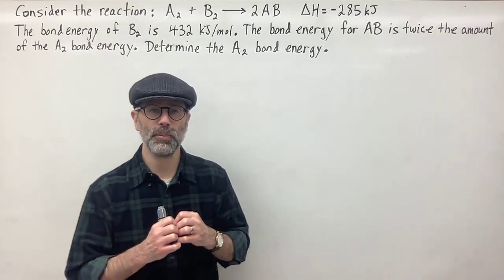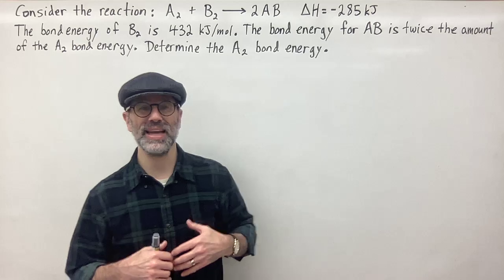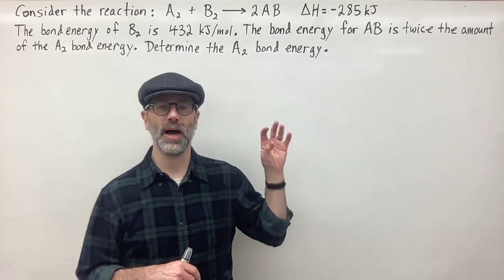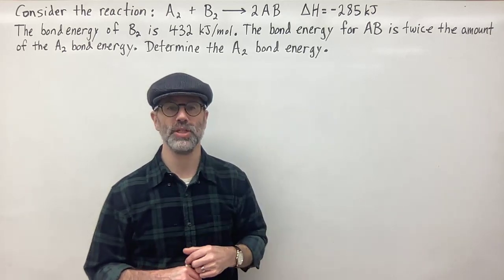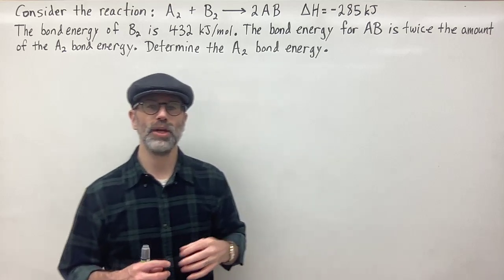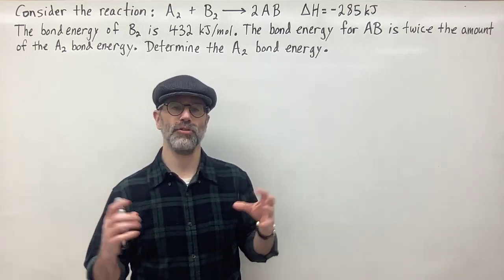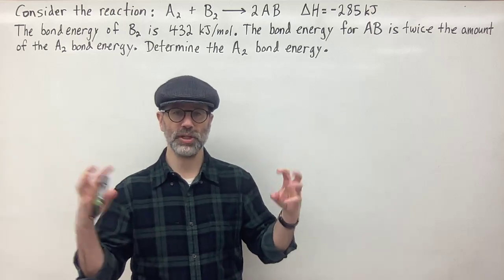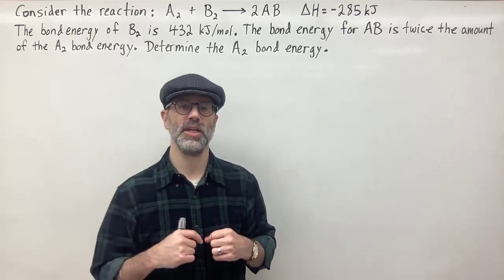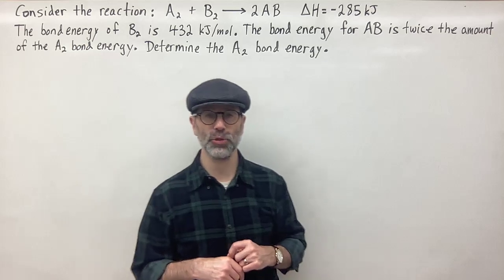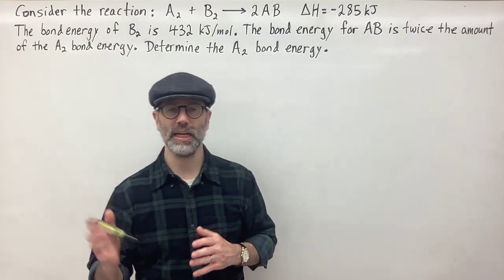Anytime you're breaking bonds, that's endothermic, meaning energy has to be absorbed or put into the system. And then when you're forming bonds, that releases energy, right? Because you're going from high potential energy to lower potential energy. So energy is released when you form bonds. That's exothermic, and that's going to be negative.